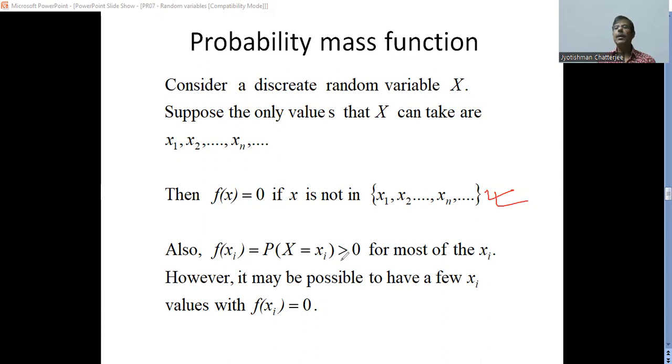Now, what about the possible values, or when the values are in the range of the random variable? Typically, if xi is a possible value, f of xi will be positive.